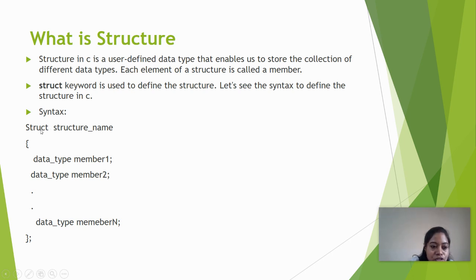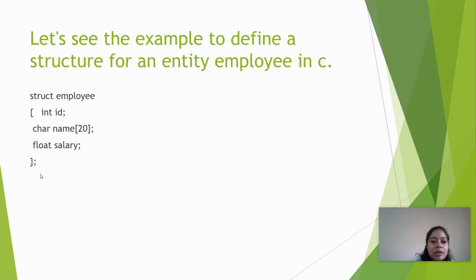Followed by the struct keyword, then a space, we can give any structure name, and within these braces we can declare multiple types of data members. So data type 1 is one member, data type 2 is another member. So here, within these braces, we can declare multiple data types. So let's see an example to define a structure for an entity employee.